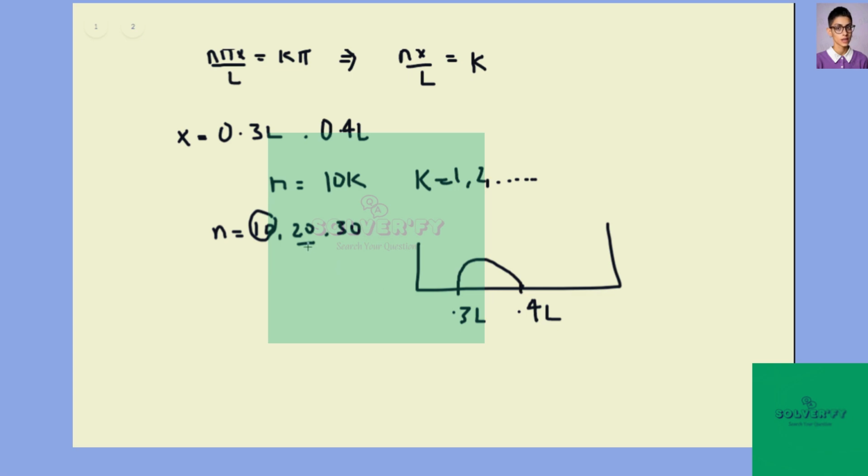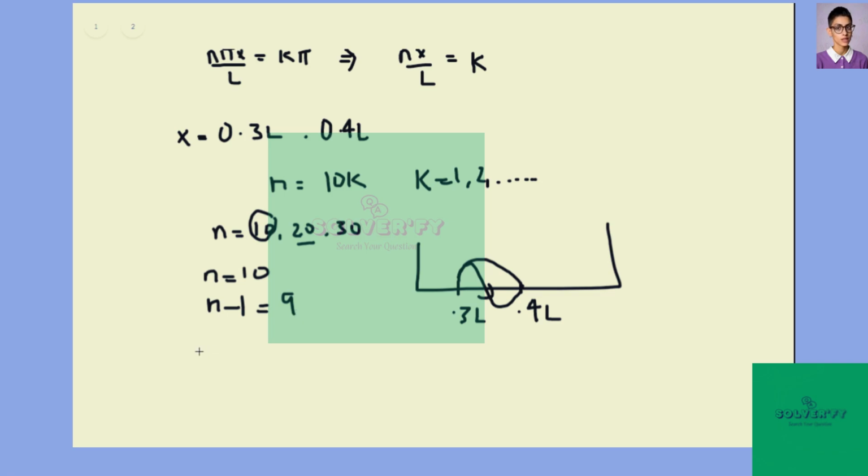However, if n is equal to 20, the wave function will actually go to 0 in between. So in this case, we choose n equal to 10, which is the lowest. Accordingly, n minus 1, which is the lower level, is equal to 9.